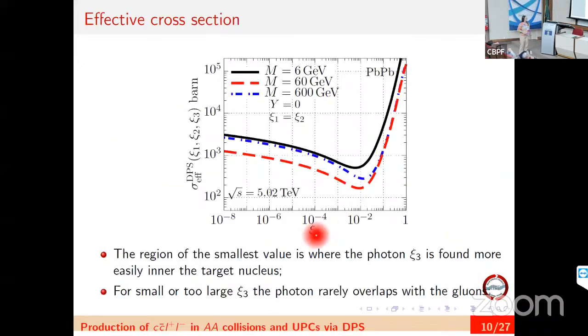Our numerical results. Here, the smallest value for the effective cross section is where the photon 3 is found more easily inside the target nucleus and available to interact with the gluon. And for small or too large values of Xi, the photon rarely overlaps with the gluon, so we get larger effective cross-section values and smaller DPS cross-section.